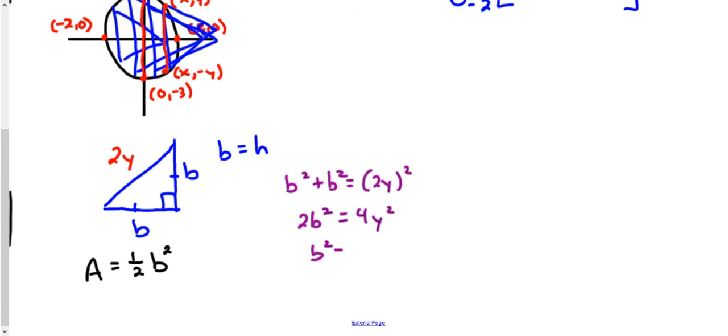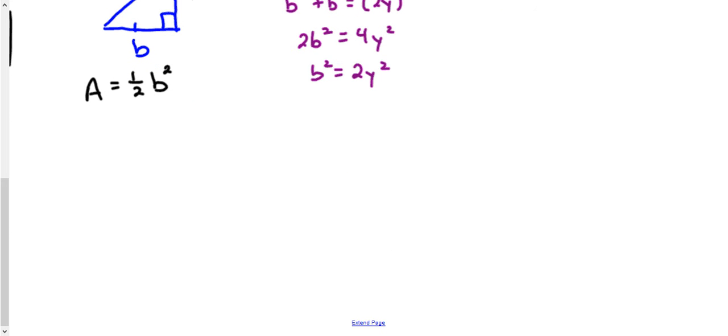Divide by 2, and b squared should be 2y squared. So I'm making some progress now. For the area, I'm going to replace b squared with 2y squared. So now I've got the area in terms of y. I just need to get it in terms of x.